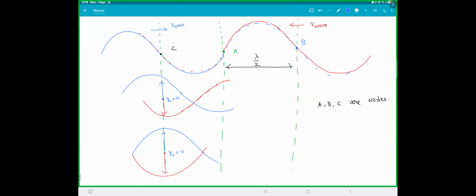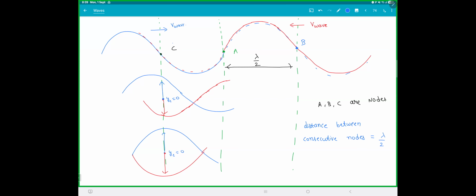That means on a string, if you send two waves like this, you will find at every lambda by 2 there will be a point which will not move. So the distance between consecutive nodes is lambda by 2. Clear with this?